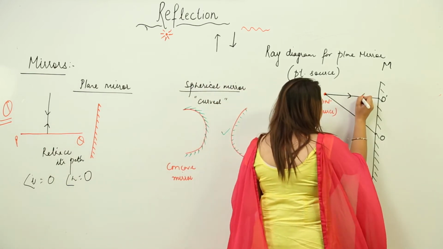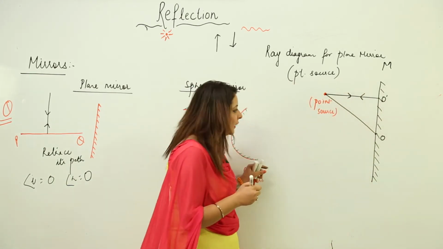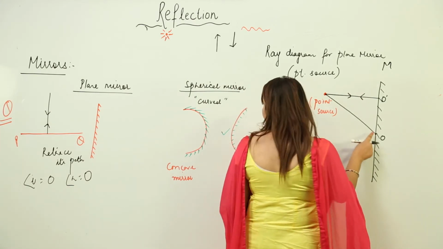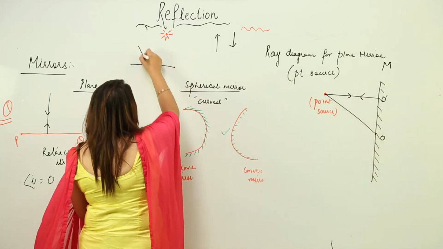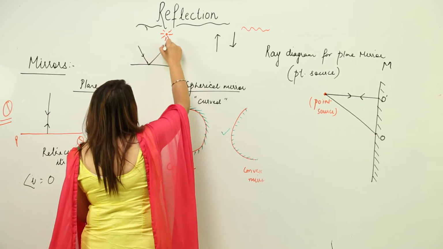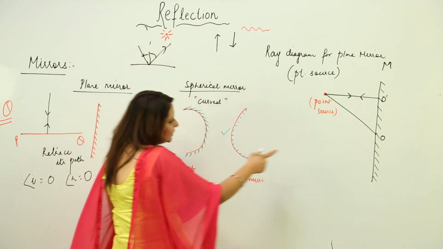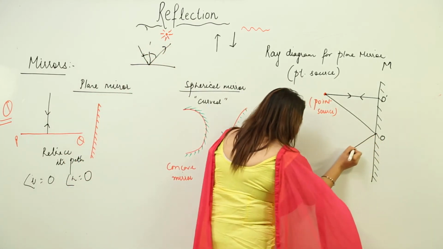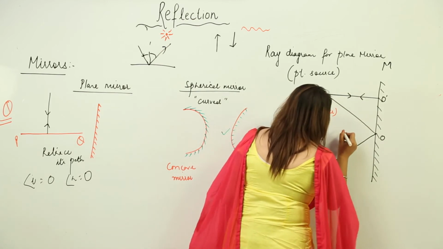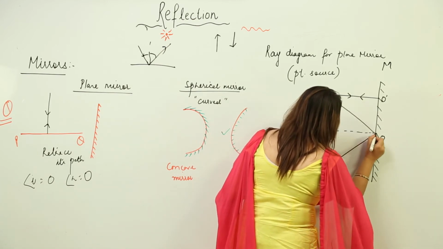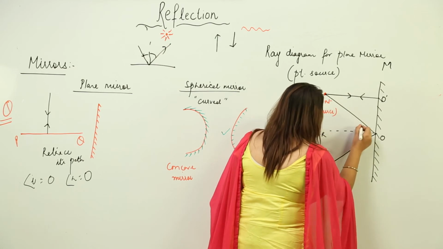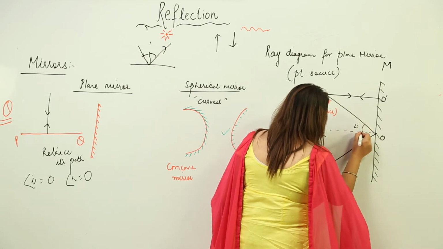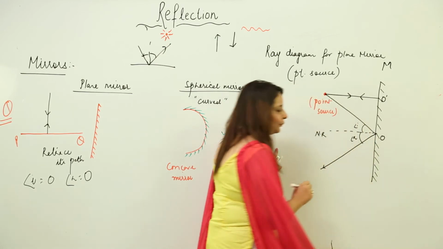So that means it retraces its path. And what happens to this ray? We discussed here that when light falls, it gets bounced back at the same angle. The same thing we are going to do here. So it gets reflected like this. Let's draw a normal. This is the angle of incidence. This is the angle of reflection.